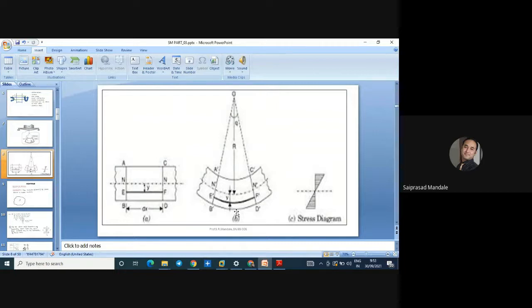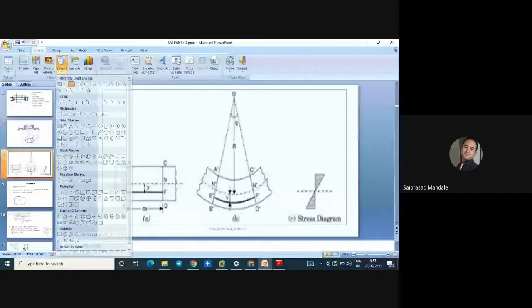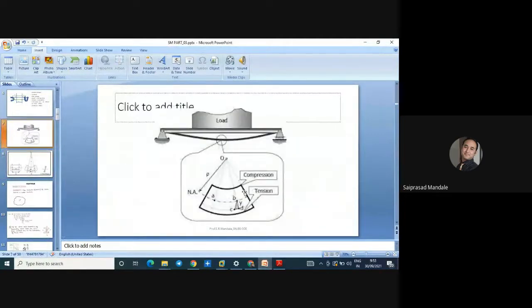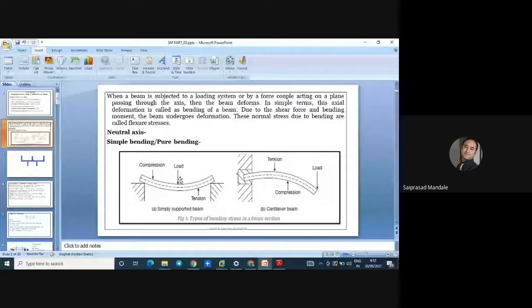This is the condition for a simply supported beam. The upper layer is subjected to compression, the lower layer is subjected to tension. The point is, whenever your beam is loaded, the top layer is subjected to compression and the bottom layer is subjected to tension.